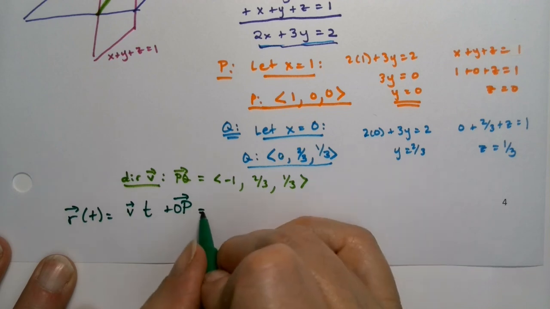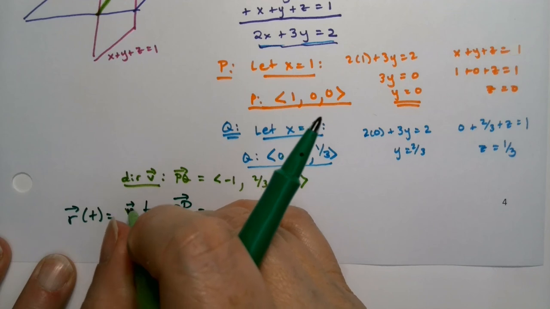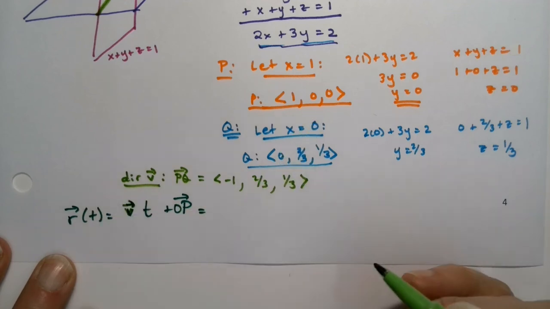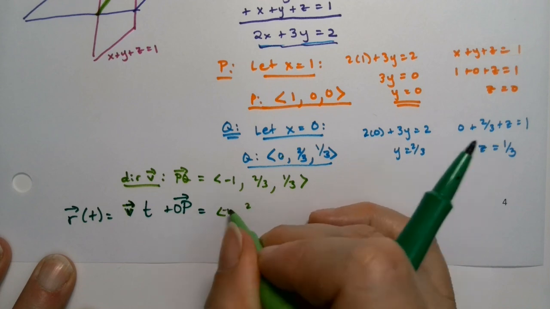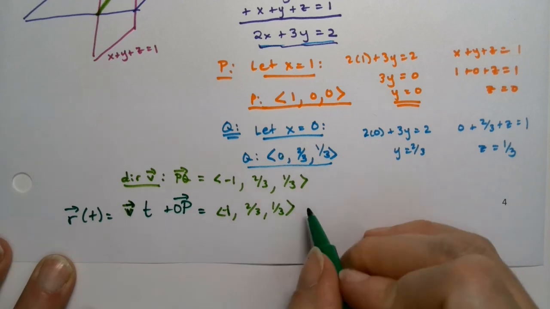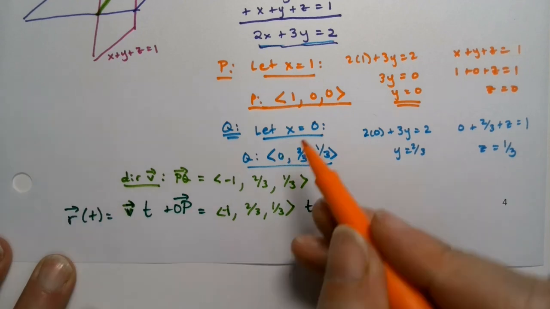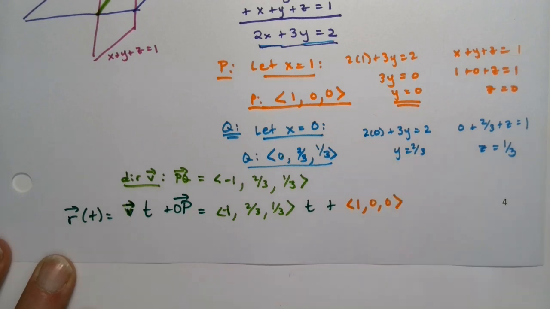So that would be this direction vector V. You call it D for direction, whatever makes you happy. So it'd be <-1, 2/3, 1/3> times t plus OP, which is <1, 0, 0>.